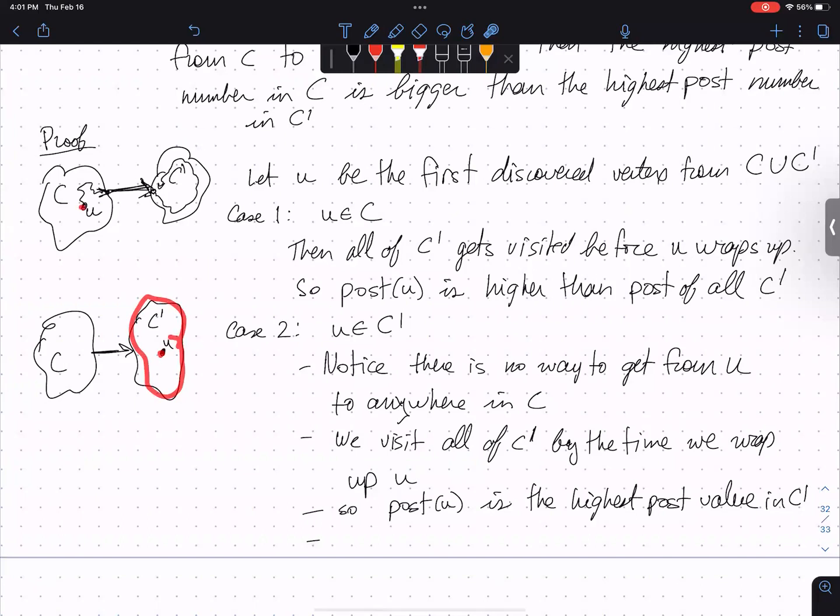If we're starting from U in here, then we're going to explore all of this and all of this before we're done, and maybe even more. Because you cannot get from this component back to that component. If there was some way to do it, that would create a cycle in the metagraph. So you cannot get from U back to C.